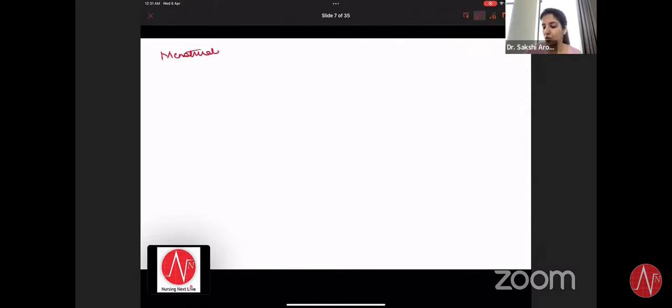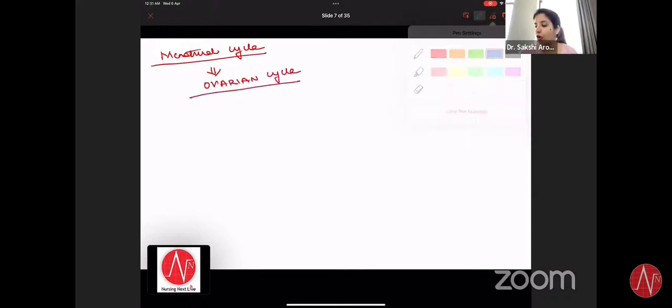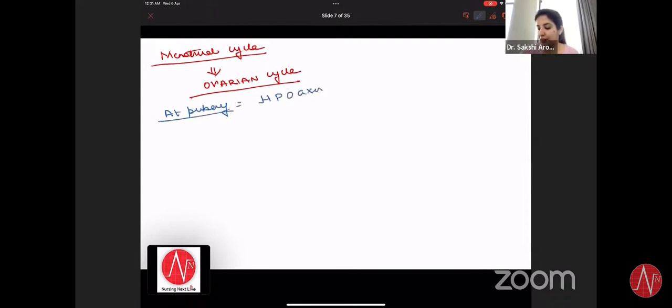Now, the menstrual cycle is going to begin with the ovarian cycle. And for the ovarian cycle, या menstrual cycle, to happen, at puberty what happens? At puberty, the HPO axis gets matured.